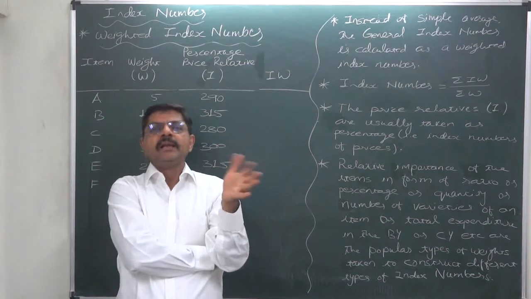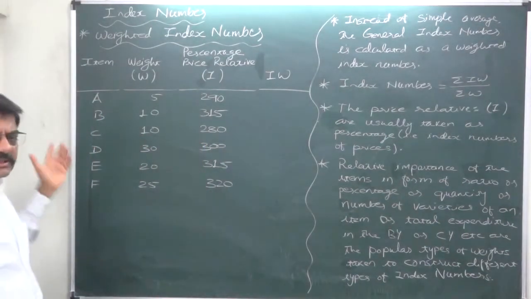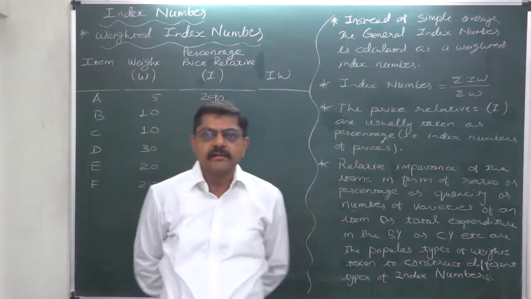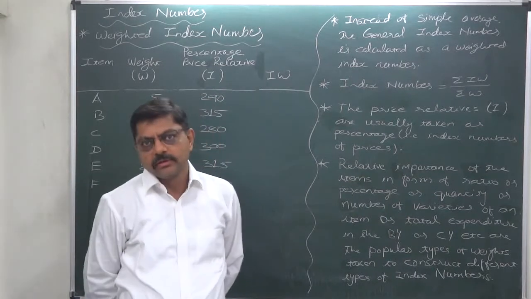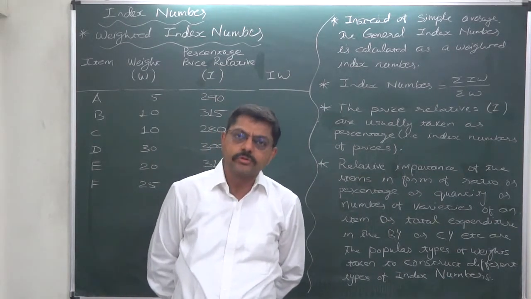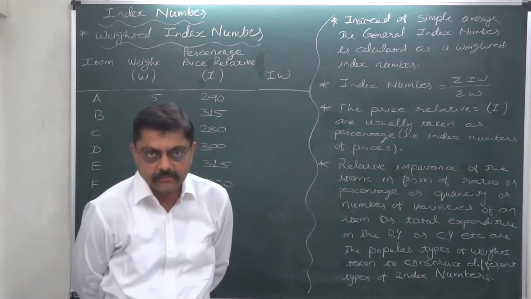In case of index number also, it is not necessary every time that all the items are having equal importance. If all the items are not equally important, then what to do? The only way is to calculate the weighted index number.